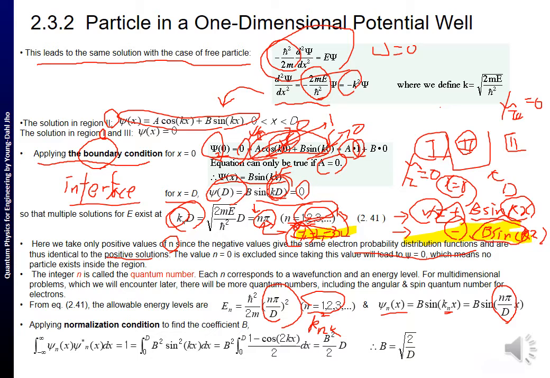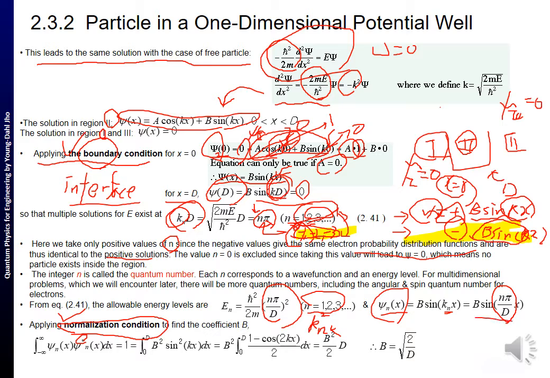Applying the normalization condition. Now we are applying the second condition. Firstly, it was the boundary condition, and now the normalization condition, to find the coefficient B. So we take psi_n multiplied by psi_n conjugate.